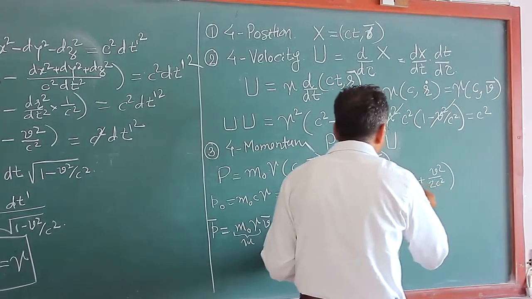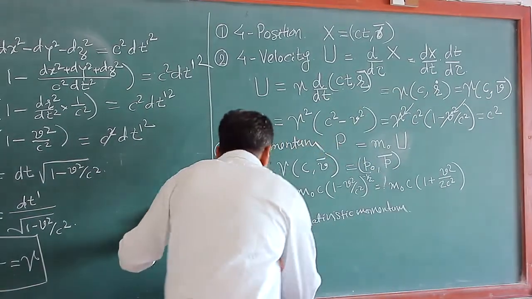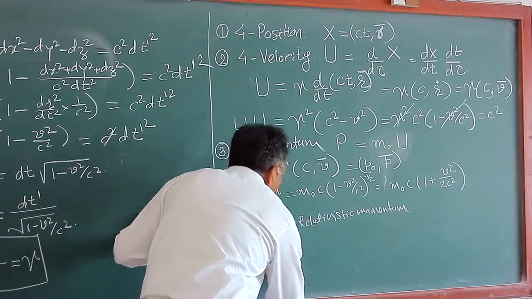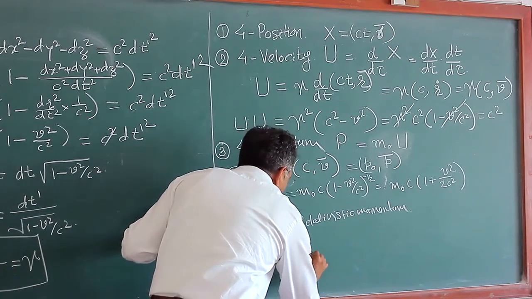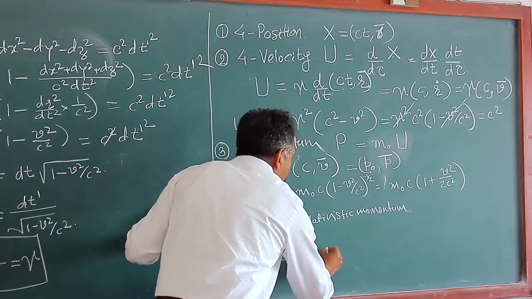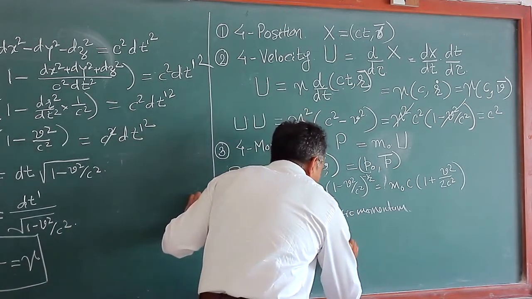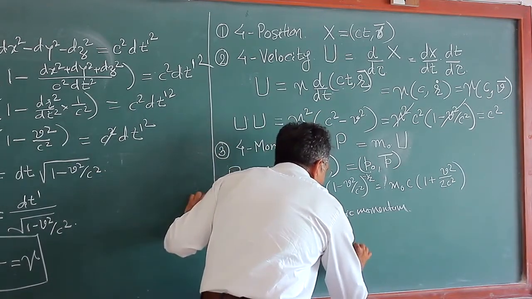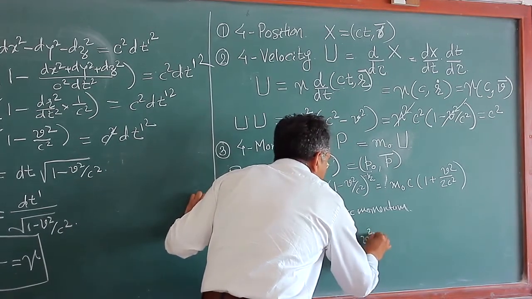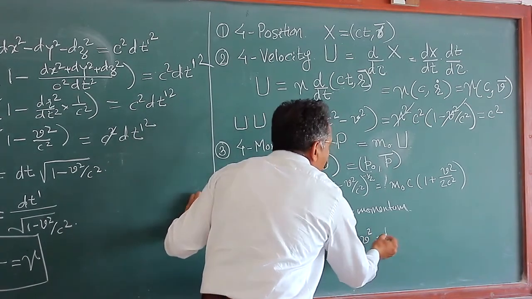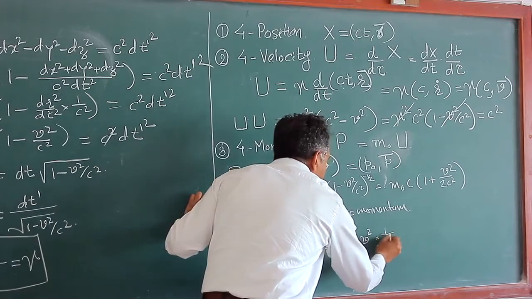So if you expand the bracket, P0 will be m0 c plus 1 by 2 m0 v square into 1 by c. Is it okay?